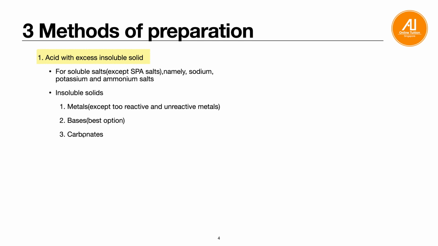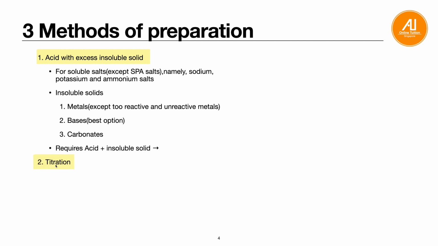With carbonate, you will form CO2 gas, but bases is the best option. Bases basically means metal oxide. So your reaction will be something like this: acid plus an insoluble solid, most likely a base, to give you products. That's the first method for any soluble salts except for spectator salts.